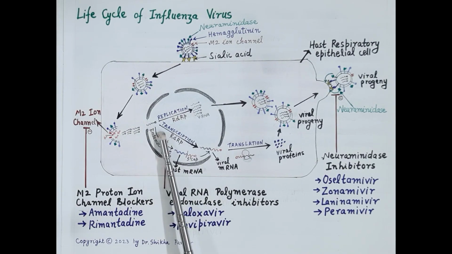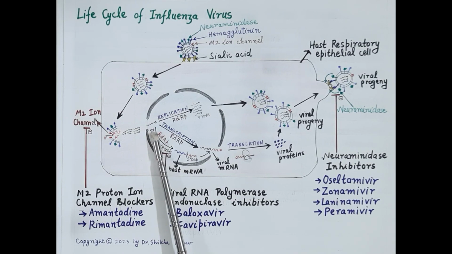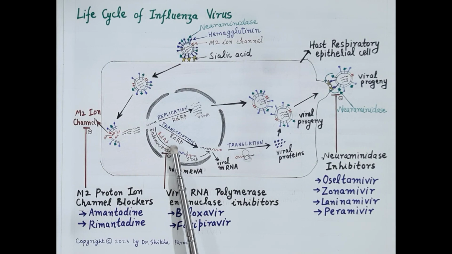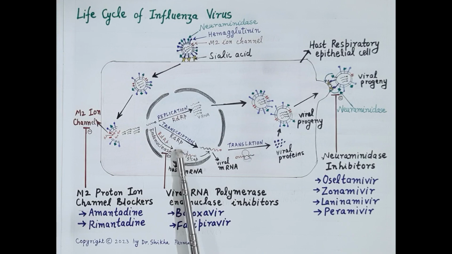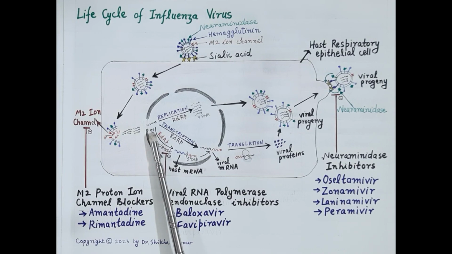Now, this is one viral RNA segment with RNA-dependent RNA polymerase enzyme, in short RDRP. Now, very important to understand here that this RNA-dependent RNA polymerase enzyme performs two main essential activities. Now, first activity is the replication of this viral RNA.